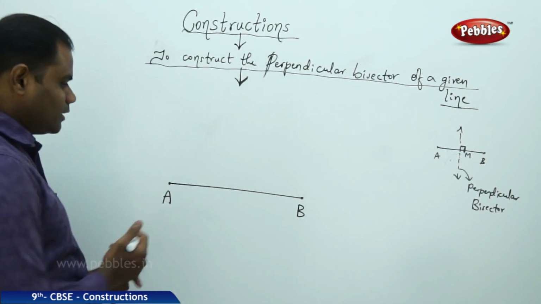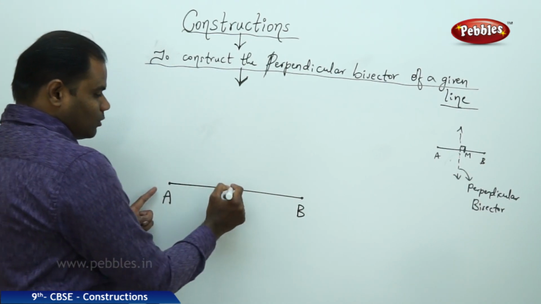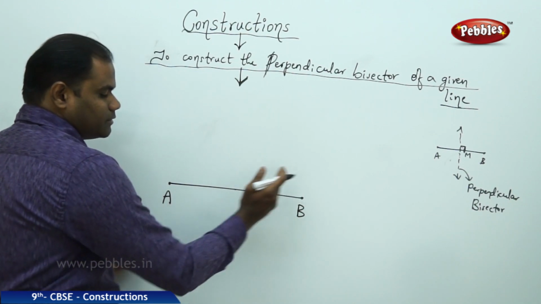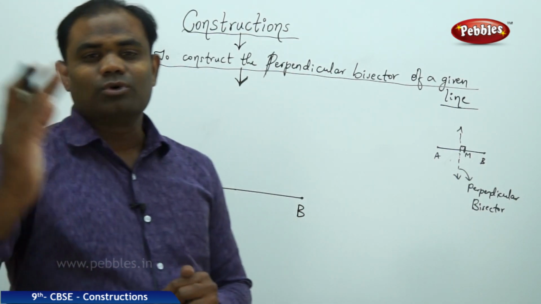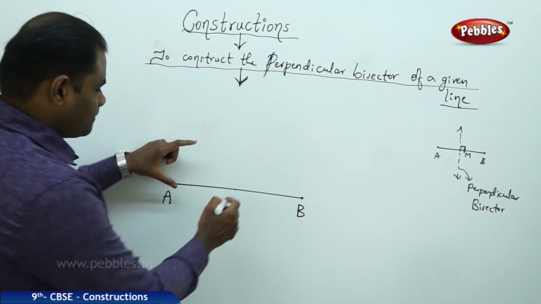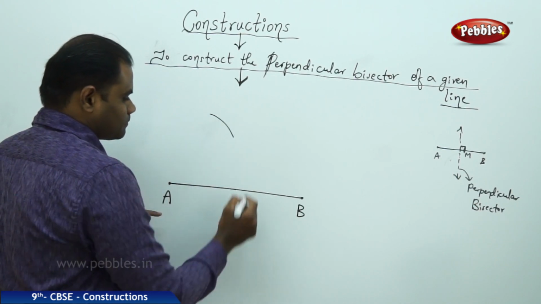That means I cannot take a radius less than half and cut an arc. I always take something till here or here or here, which is approximately more than half. So, putting the compass pointer at A, I take a radius more than half and then cut an arc.